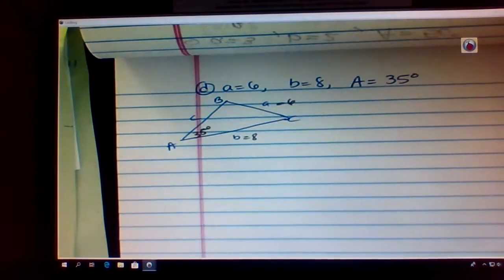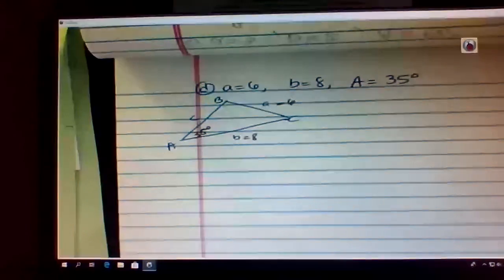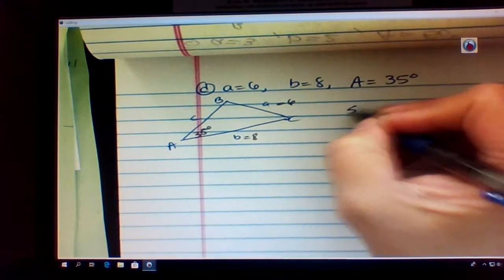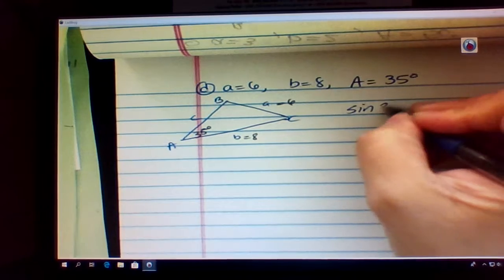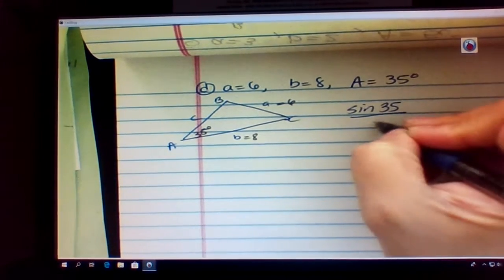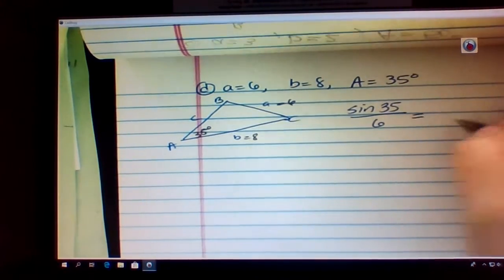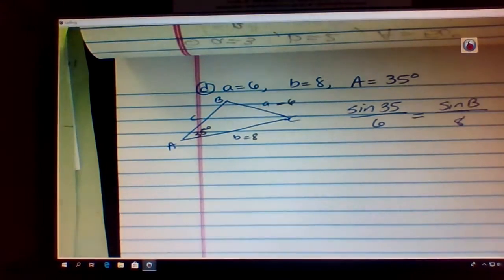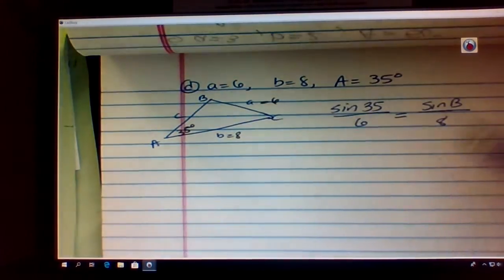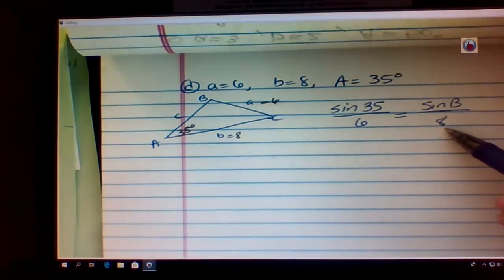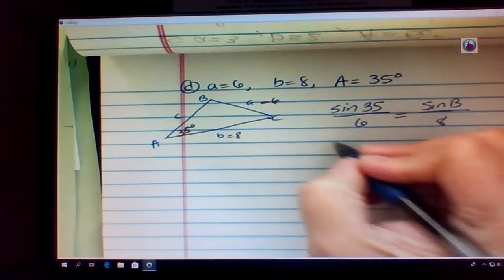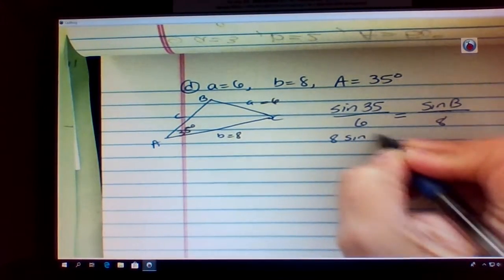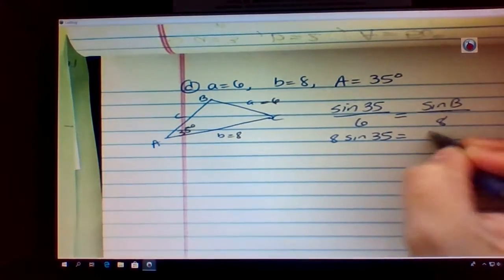So for sure I need to use sine of 35 over 6 equals, I don't know who that is, but we will find out in a little bit. So I'm using b because we know little b is 8. This becomes 8 sine of 35 equals 6 sine of B.